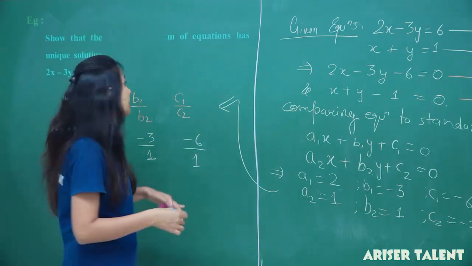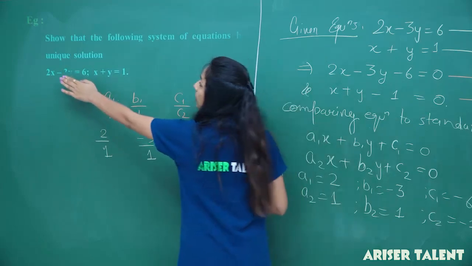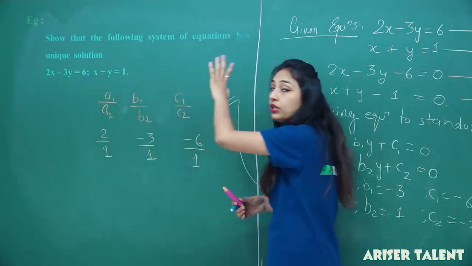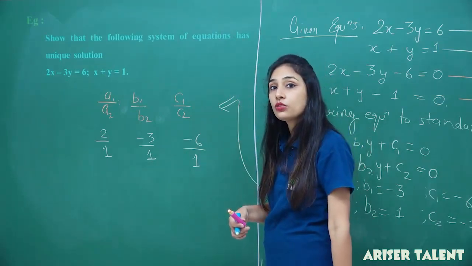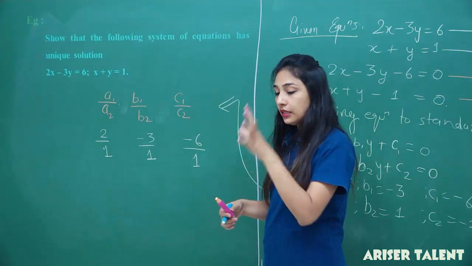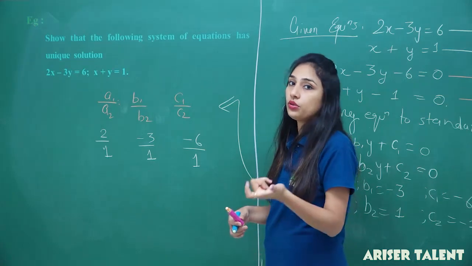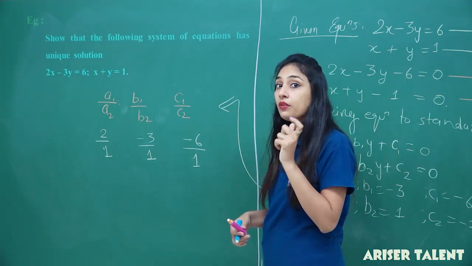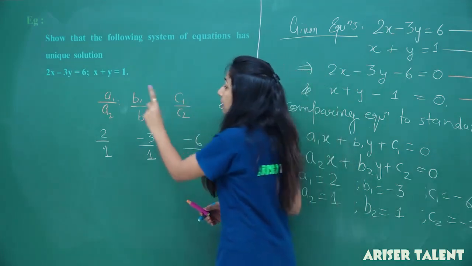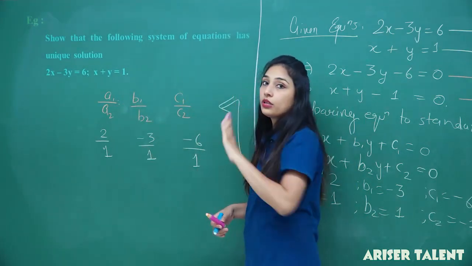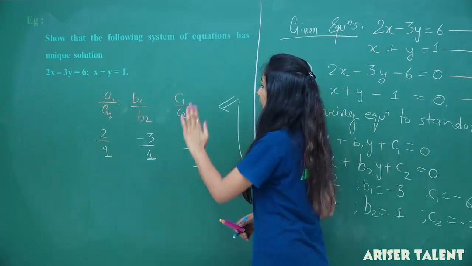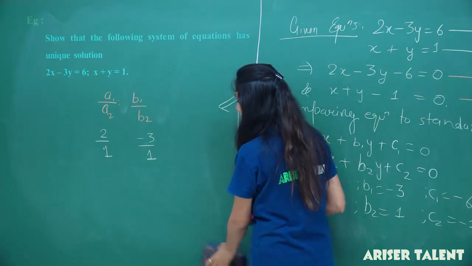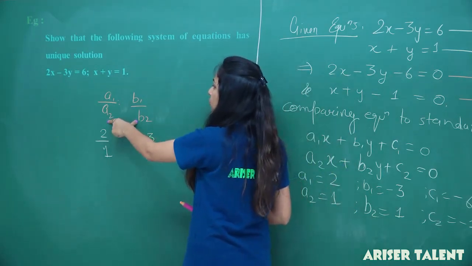This question is asking us whether the following system of equations has a unique solution. Now go back to the unique solution. A system has a unique solution only when these two proportions are not equal. Don't care about this third proportion. It will come into existence only if these two are equal.